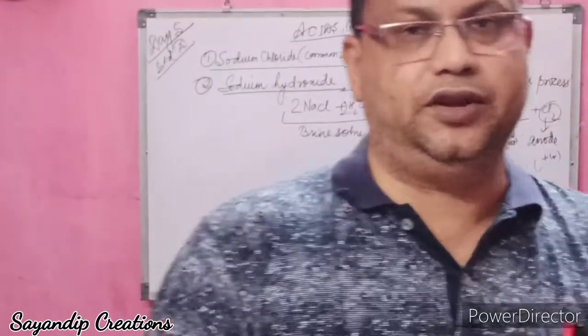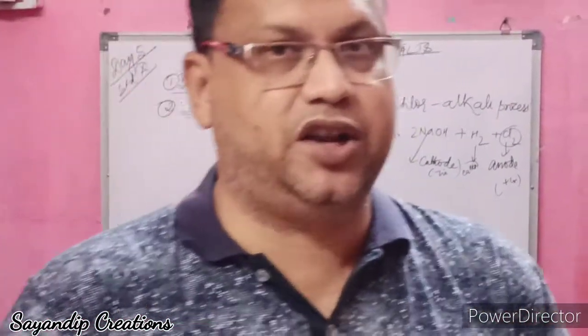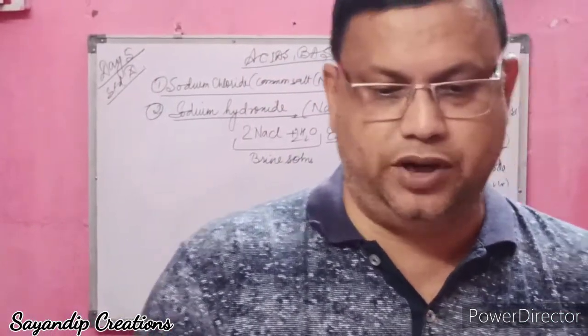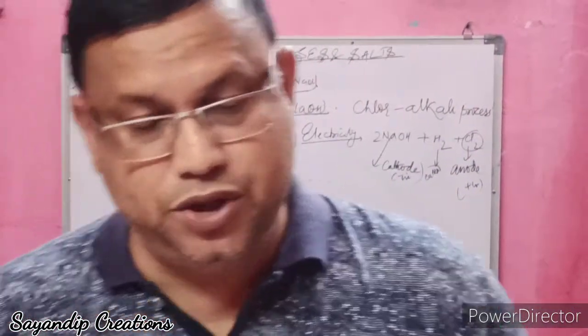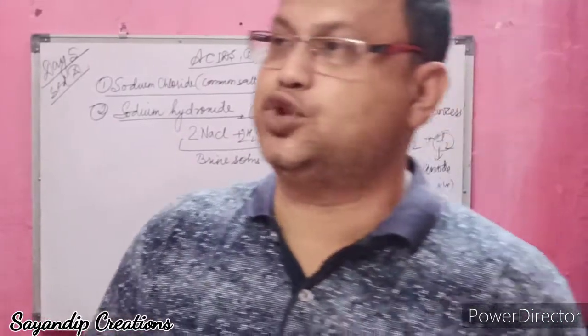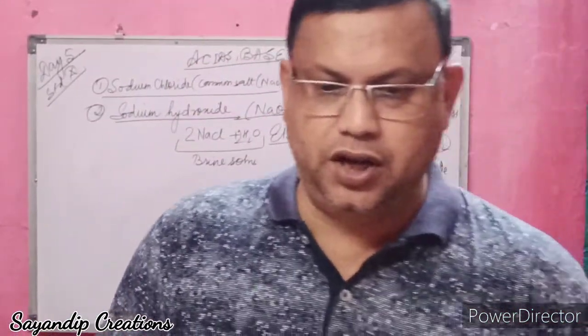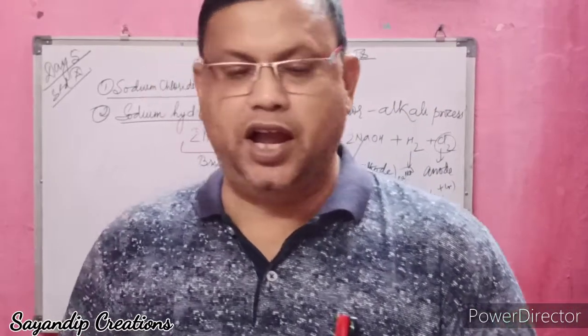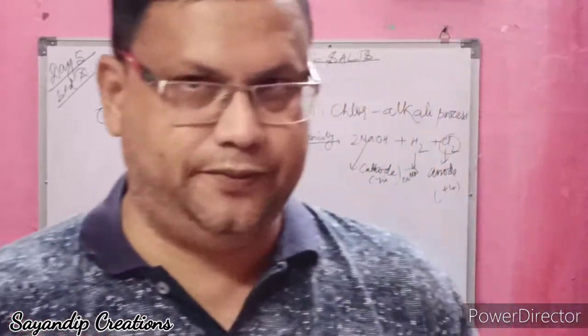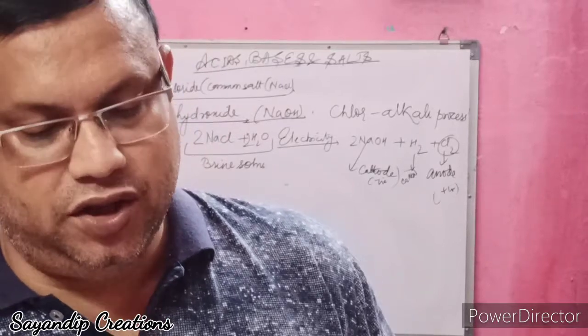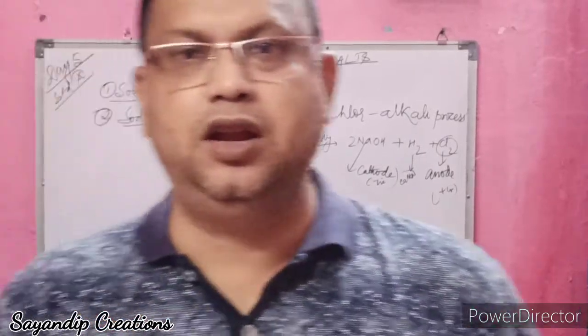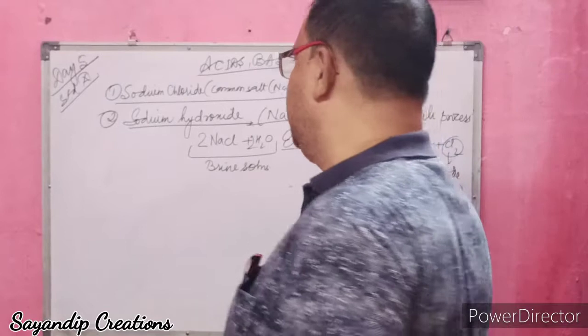The property of a substance to attract water is known as deliquescence. What are its uses? It is used for making soaps and detergents, in the petroleum industry or refinery, and in the textile industry.